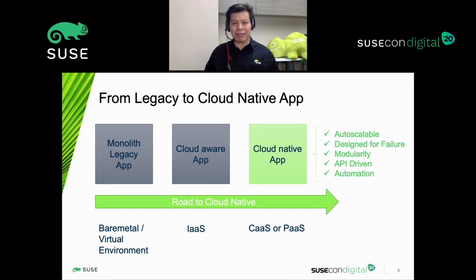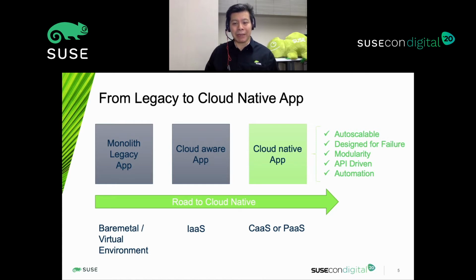So with all these benefits in mind, to fully maximize the value of cloud computing, applications must be transformed from monolithic legacy applications into a cloud-native one. Before the adoption of technologies like containers, microservices, continuous integration, or delivery, one may just lift and shift the app to run on virtual machines from on-prem to public cloud using the IaaS service.